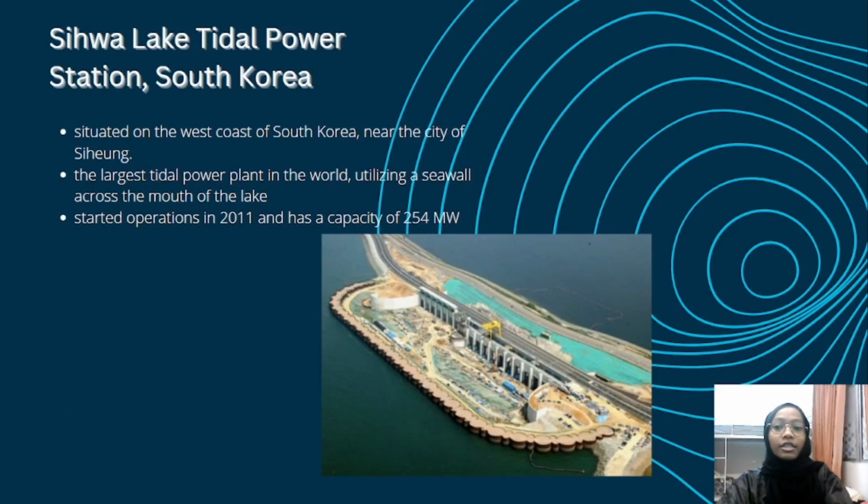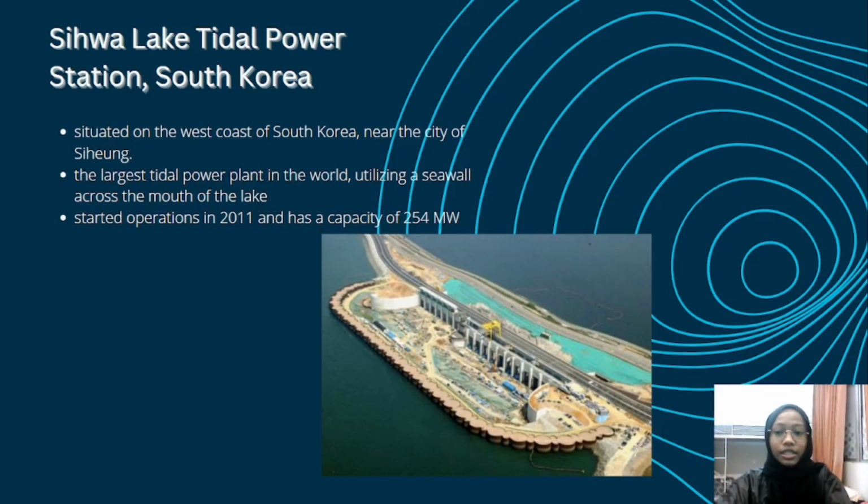And the second location is Sihwa Tidal Power Station, South Korea, situated on the west coast of South Korea, the largest tidal power plant in the world, utilizing a seawall across the mouth of the lake.